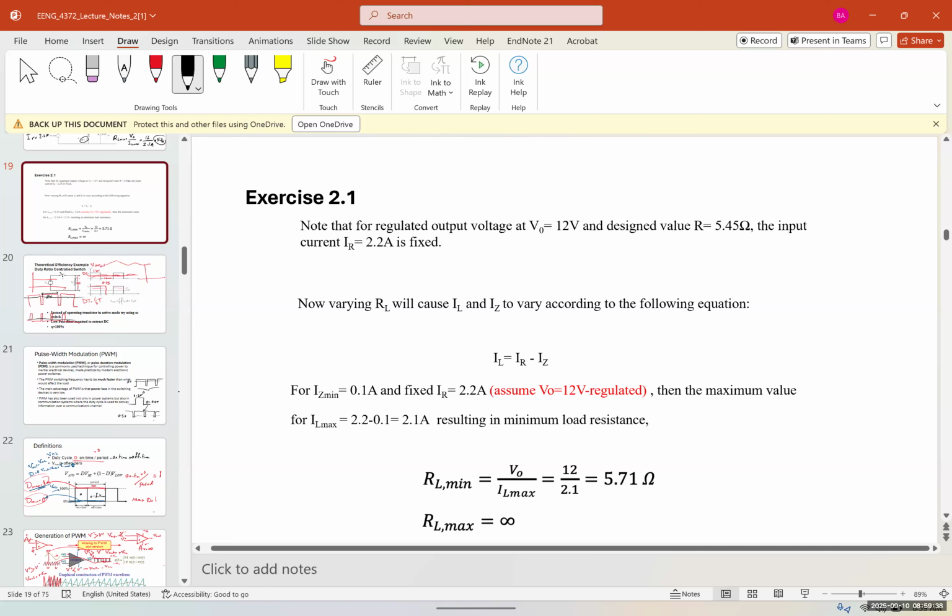IZ min is equal to 0.1 amps and the fixed IR is 2.2 amps, assuming V out is regulated at 12 volts. Then the maximum value for IL would be 2.1 amps, resulting in the minimal load resistance of 5.7 ohms, and RL max obviously could go up to infinite, because that's the minimum, but we don't have any maximum.